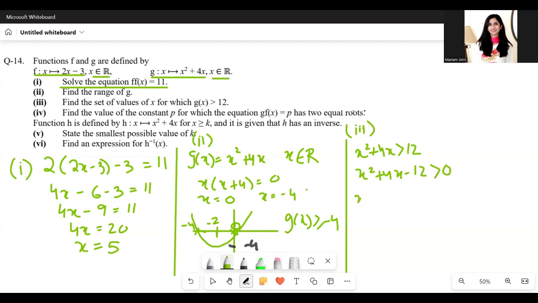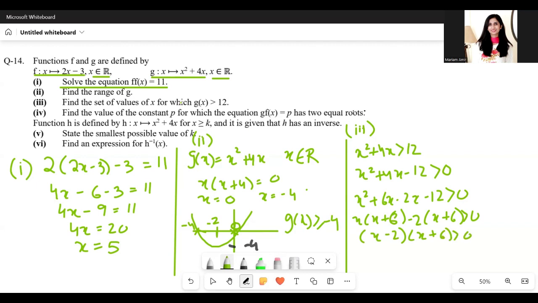We can do middle term breaking here. x² + 6x - 2x - 12 greater than 0. x common, (x + 6), minus 2 common, (x + 6): (x - 2)(x + 6) greater than 0.